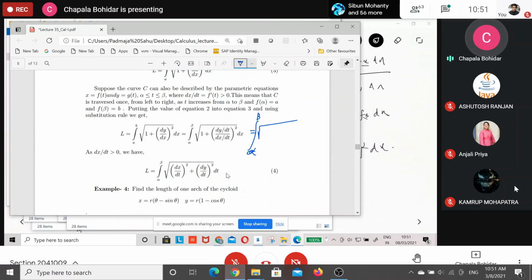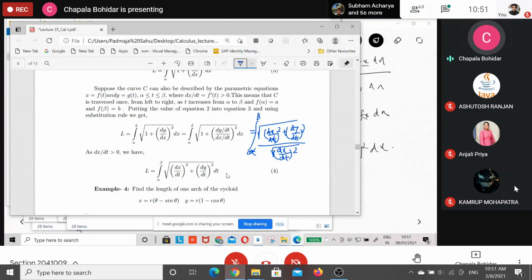Here we'll get this equal to the integral from alpha to beta of root over (dx by dt) square plus (dy by dt) square, divided by root over (dx by dt) square.